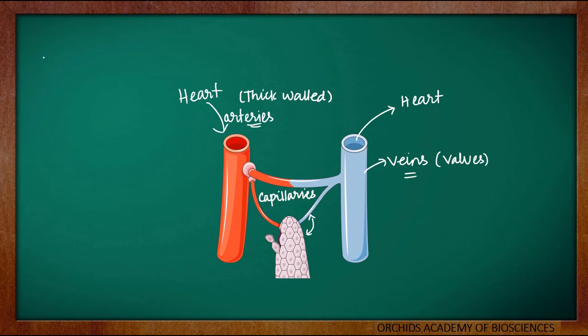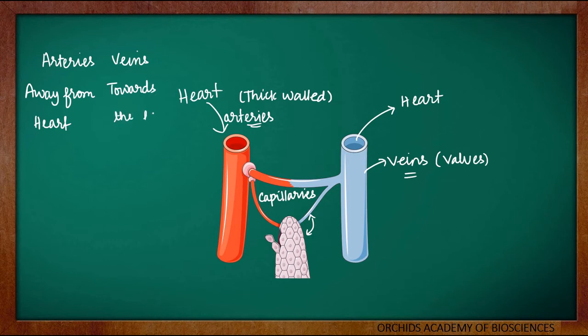So if we try to differentiate arteries and veins, arteries will carry the blood away from the heart, whereas veins will carry the blood towards the heart. The next difference can be the walls of arteries are thicker than the veins, and the walls of veins are thinner than the arteries.